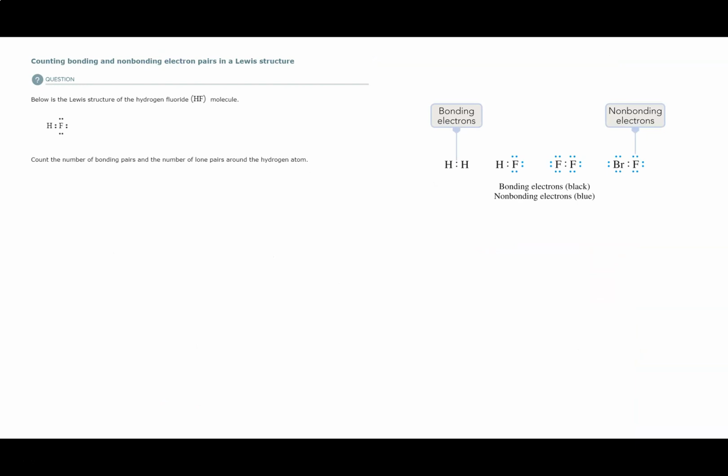Okay, so let's have a look at some of the ALEX type problems. So the first one here is concerned with counting bonding and non-bonding electrons in a Lewis structure. And the Lewis structure they give you is that of the hydrogen fluoride molecule. So we've got hydrogen, and there are 2 electrons that are being shared, and then the fluorine has got 3 lone pairs on it. You have to read these questions carefully.